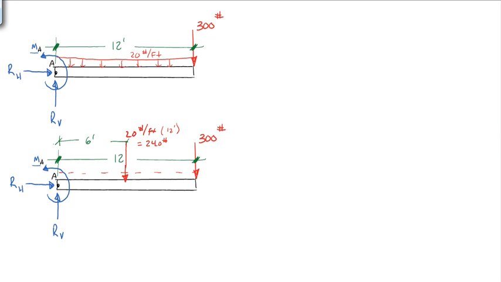Okay? So basically what we've done is we've taken that uniform load, concentrated it all at the center, 6 feet from the left. And now we can go ahead and just solve our equations. Sum of the forces in the x equals 0. Sum of the forces in the y direction equals 0. And the sum of our moments equals 0.